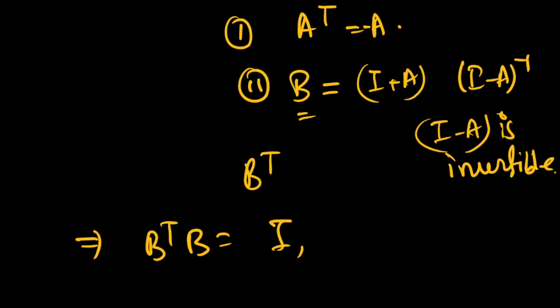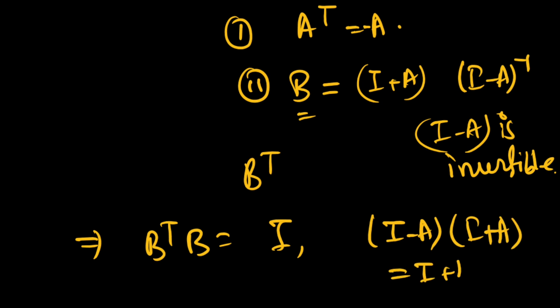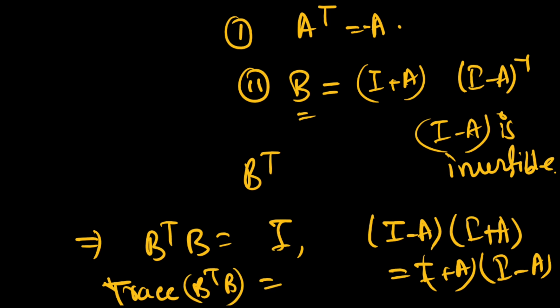Here we use one property: I minus A and I plus A commute, so that is equal to I plus A, I minus A. So the trace of B transpose B is equal to 3, the sum of the diagonal elements of the identity matrix. So this is the answer to this question.